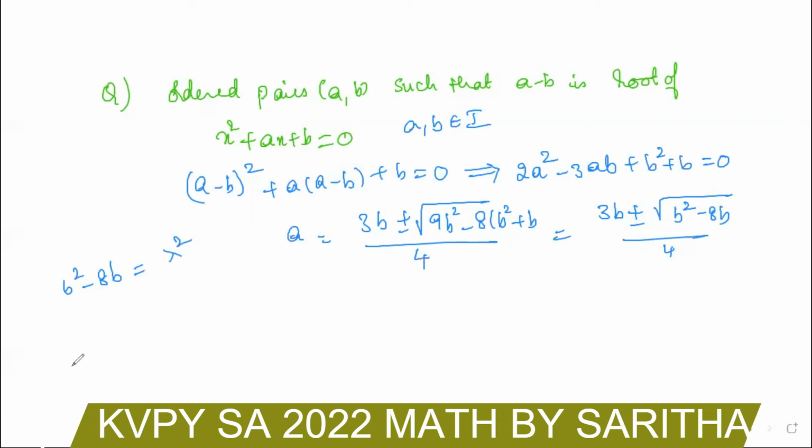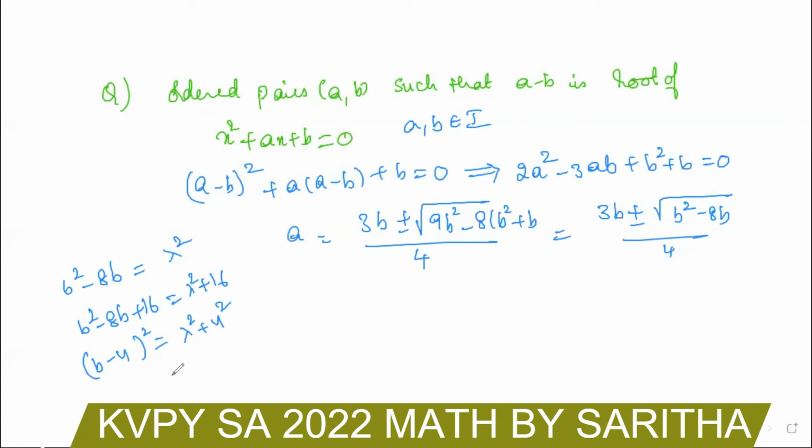So how many values of B will give you the lambda here, that we need to check. By completing the squares here, we get B minus 4 whole square is equal to lambda square plus 4 square. So when we look at such equations, we will think of triplets, which are the sides of the right angle triangle, Pythagorean triplets.